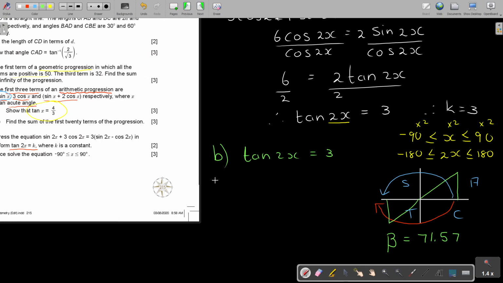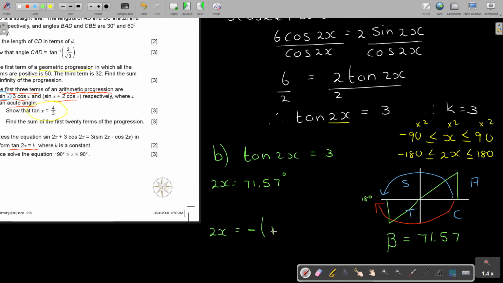So I'm going to say, okay, 2x, don't forget 2x, is 71.57. That's my first one. My second one, now be careful, it's the negative. So for 2x, I always put the negative in front, but I go this way and I subtract because there's 180.